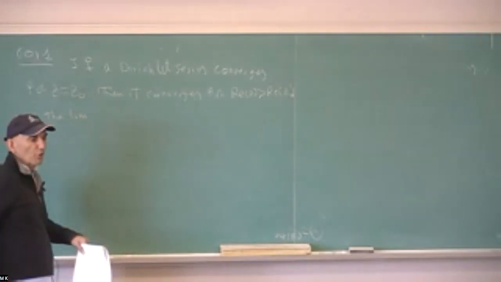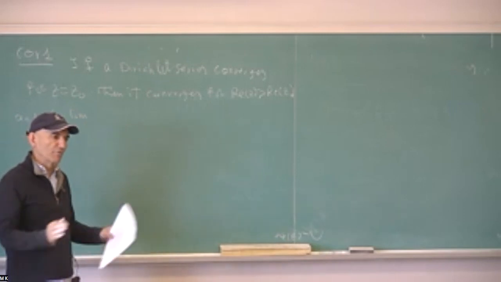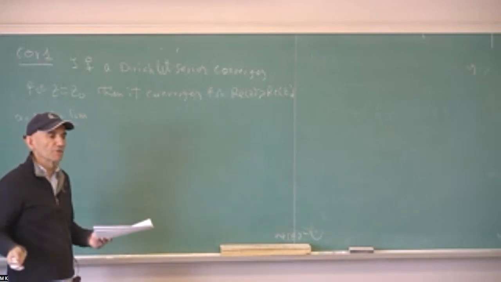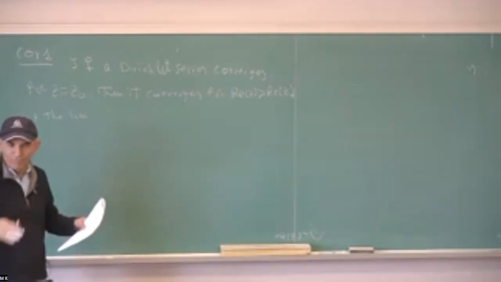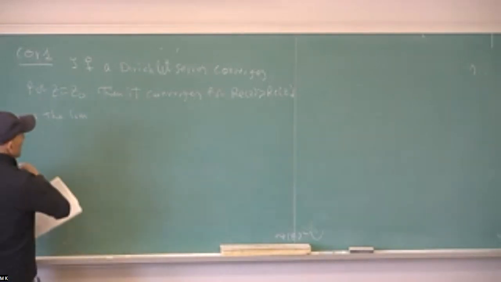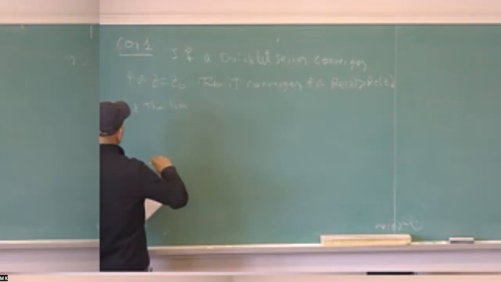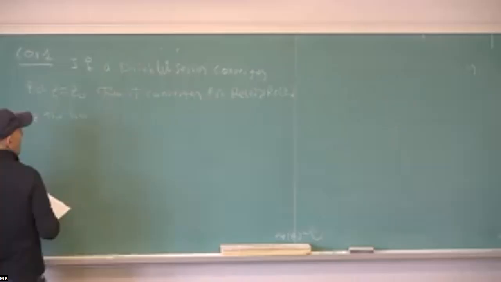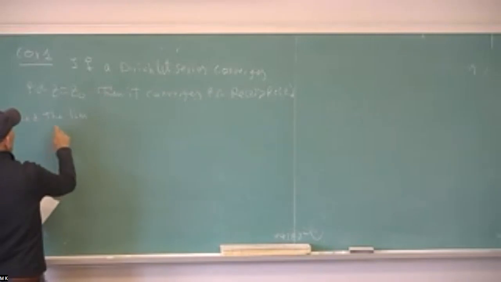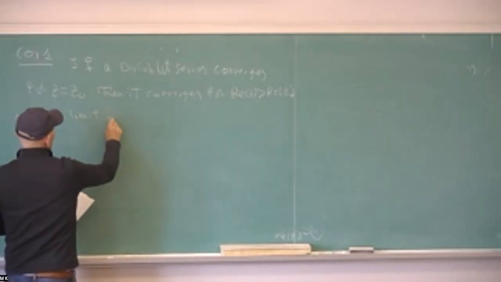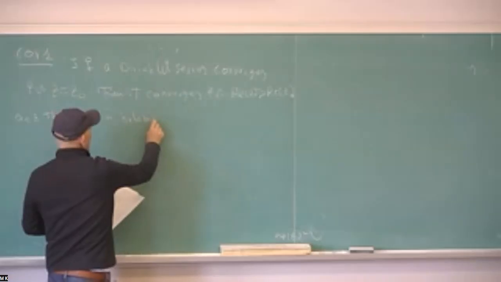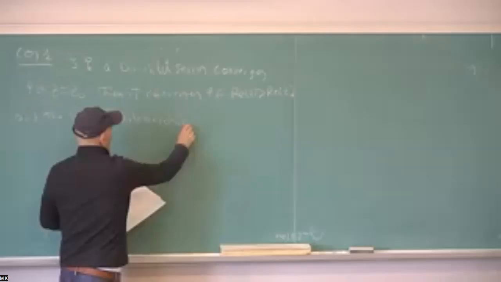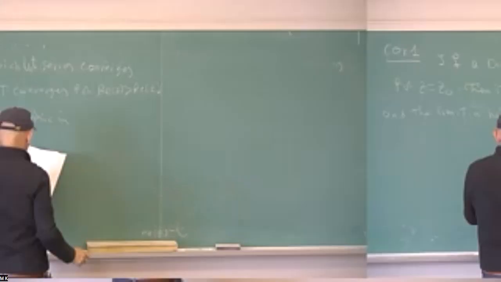Now we are not using any alpha; we just throw away alpha because it was a nuisance. It was needed only as a device to prove the uniformity, but now we can write a cleaner statement like this. Then it converges for real part of z bigger than real part of z0, and the limit is holomorphic in real part of z bigger than real part of z0.